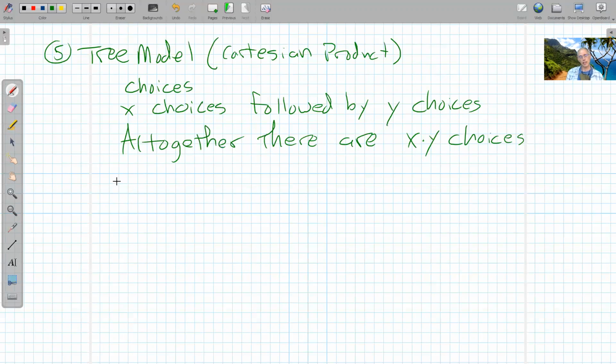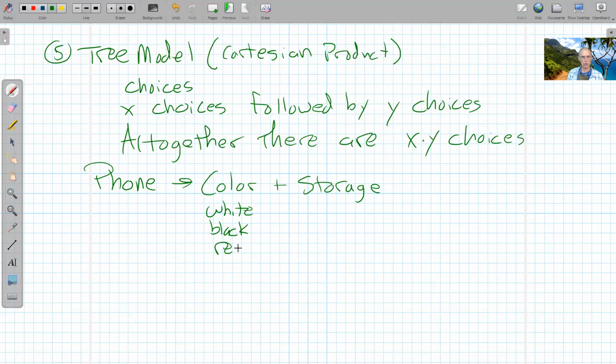Let's say it's buying a new phone. And for most phones these days, you have a choice of color. And you have a choice of, let's say, memory or storage. And for color, you could get a white phone, or you could get a black phone, or you could get a red phone.